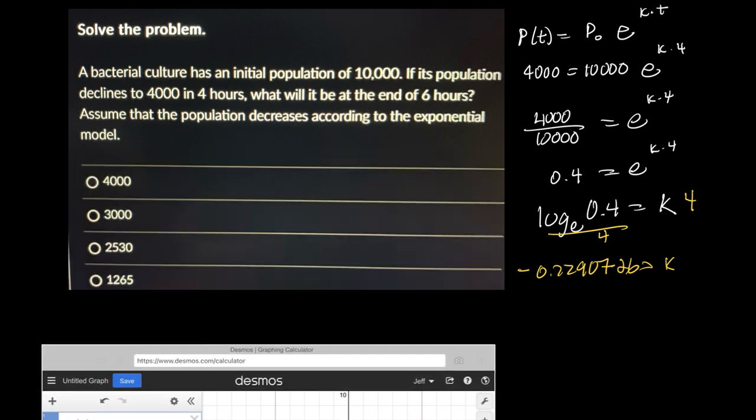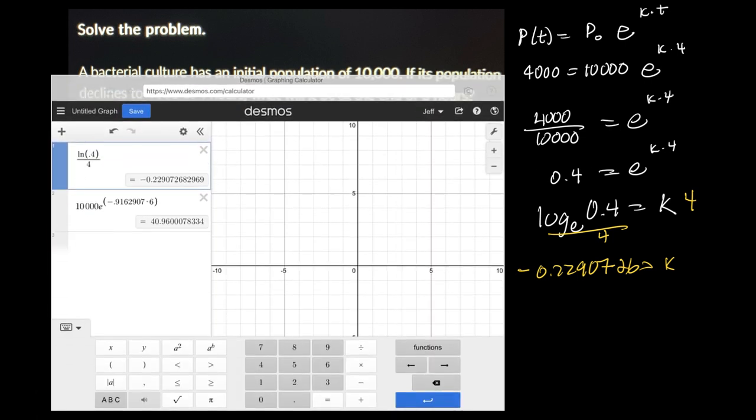Do they have that as an answer? They don't have that either. Okay, what did I do wrong? 10,000 e. Oh, I forgot to times that one by 6. It's late at night. I forgot to times it by the time. I should have written that whole thing again.